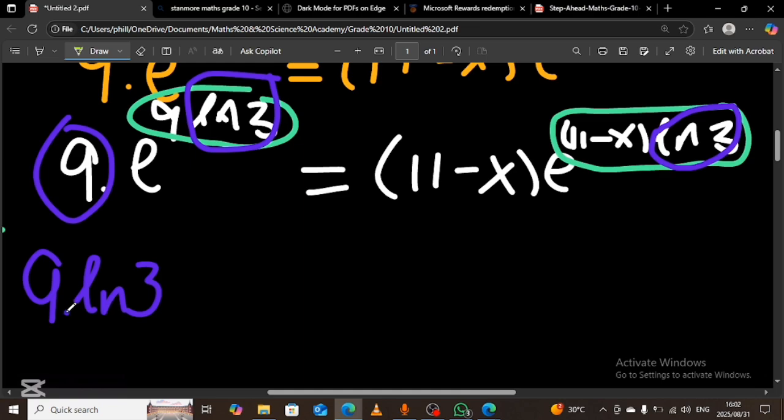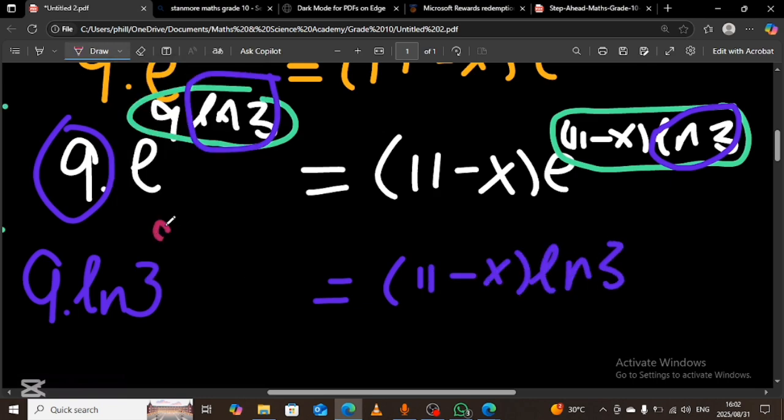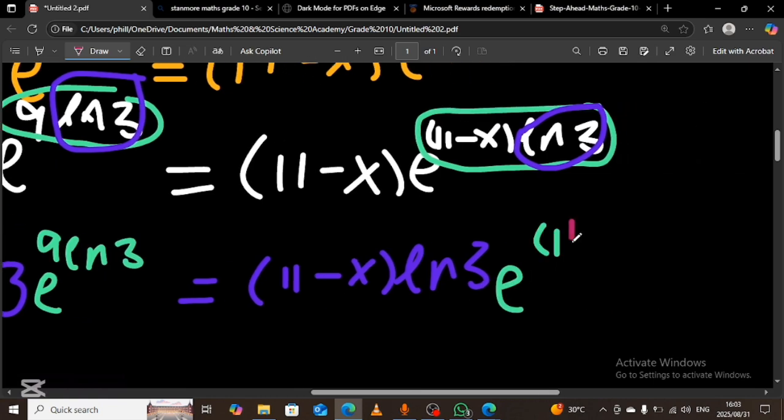Also this side, we can say 11 minus x ln 3. So eventually here we know that this is e to the power of 9 ln 3, and also this side is e to the power of 11 minus x ln 3.